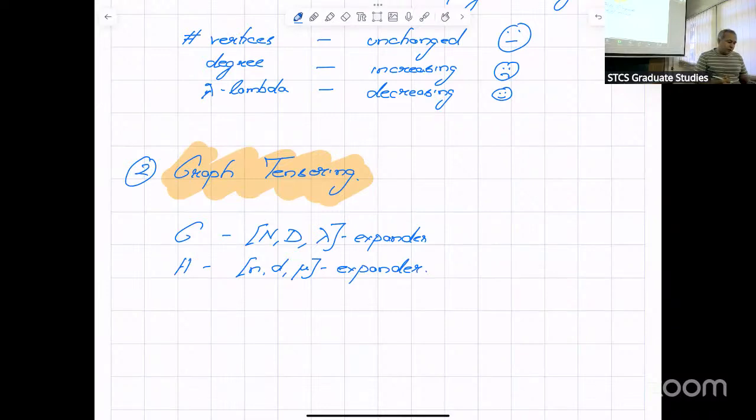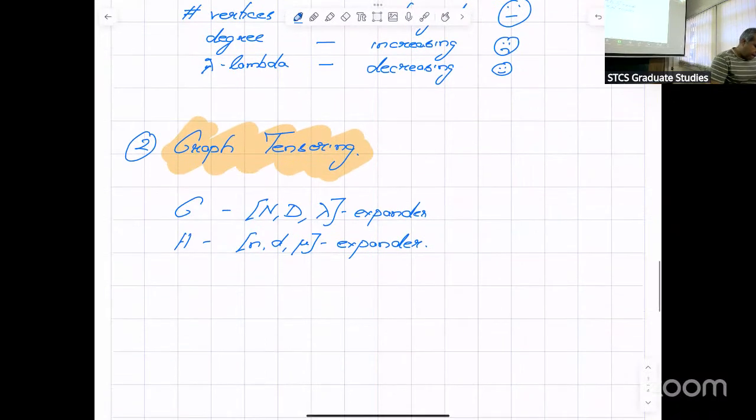We'll now define a graph called G tensor H. What is G tensor H going to be? Its vertices are going to be pairs of vertices, to make up for the fact that you're not building larger graphs. So the vertices of G tensor H are exactly going to be the vertices of G cross the vertices of H.